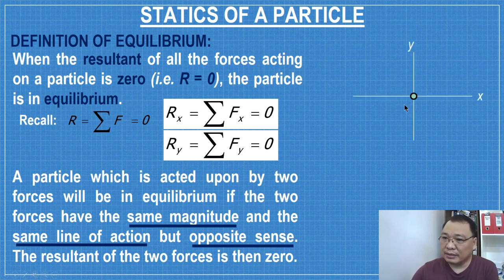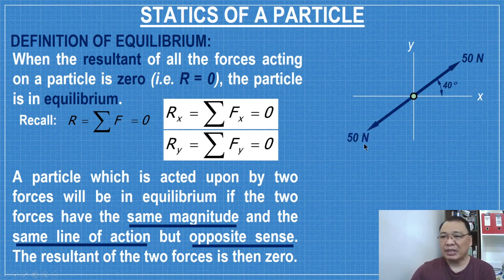So to illustrate, suppose we have one force, 50 newtons, at 40 degrees from the positive x-axis, first quadrant. So for equilibrium, you must balance it with another force having the same magnitude, the same line of action, but opposite in direction.